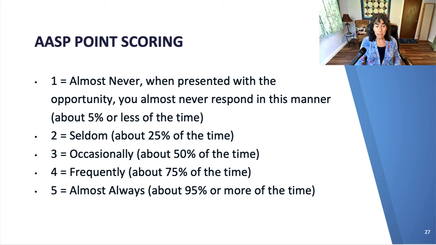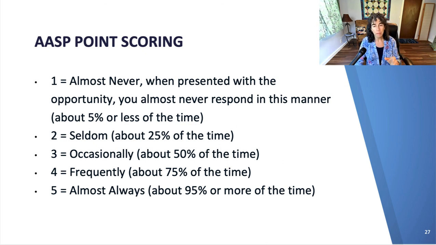It's a 5-point scale, and 1 counts as almost never. And I've abbreviated a little bit here, but check it out. 1 is almost never. When presented with the opportunity, you almost never respond in this manner. Almost never equals 5% or less of the time. Then it's the exact same language when presented with the opportunity.